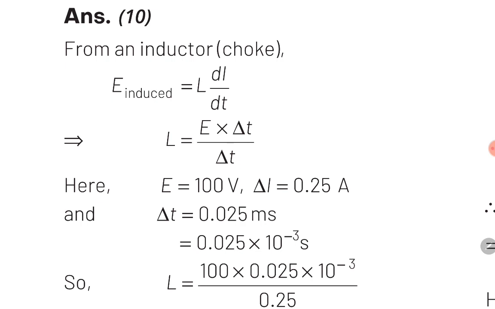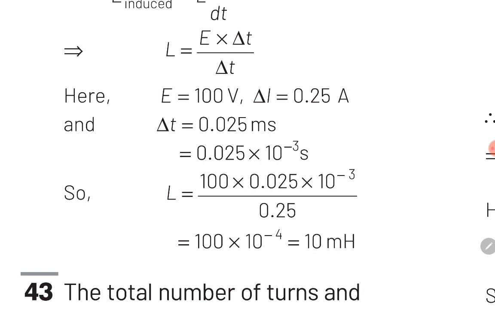Delta t is the change in time, which is 0.025 milliseconds. And guys, delta I will be 0.25 amperes. Guys, on substituting these values, we'll obtain the value of L as 100 into 10 raised to minus 4, which is equal to 10 millihenry. So guys, with this, we have completed this question. Now let's move ahead to the next slide.